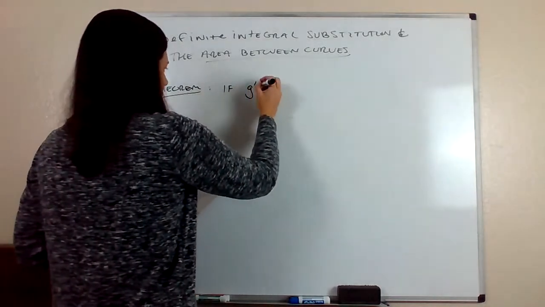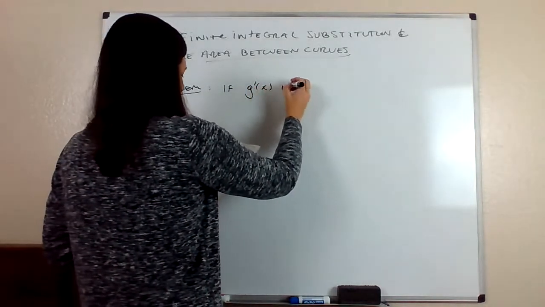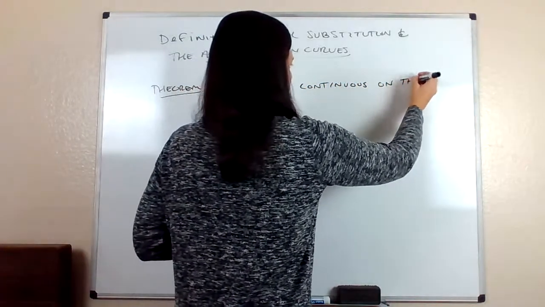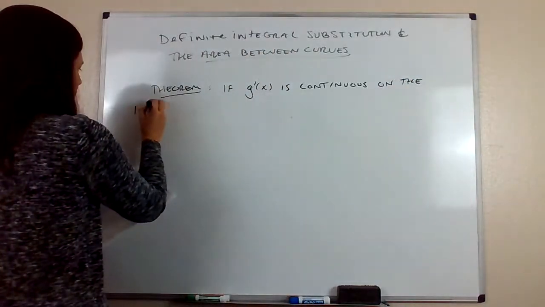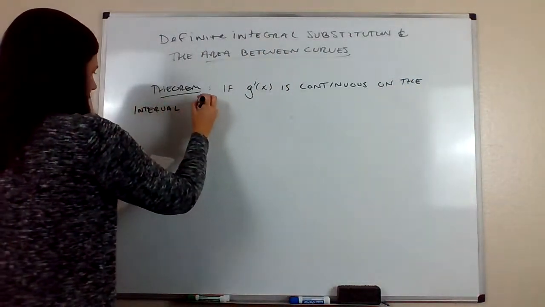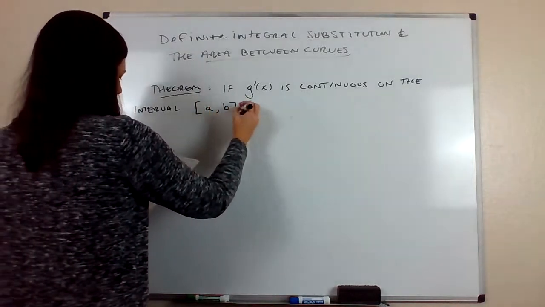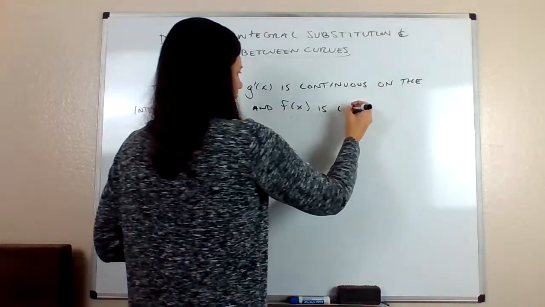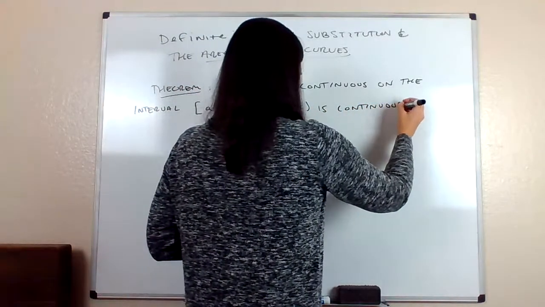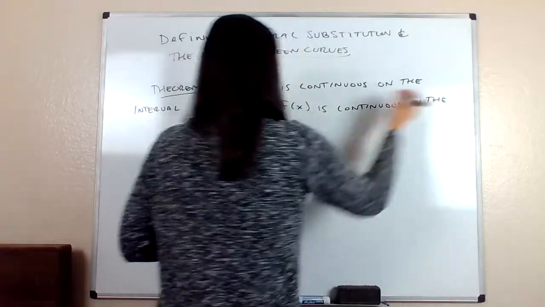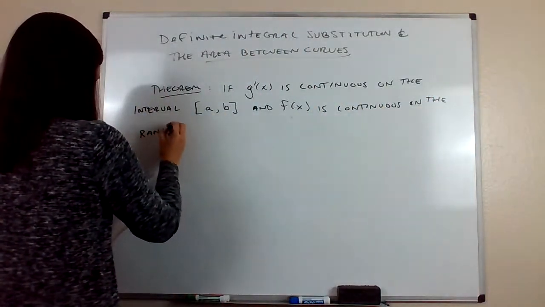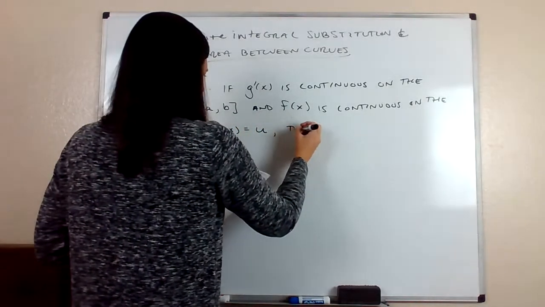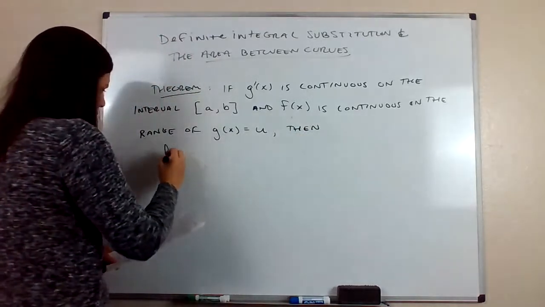If g prime of x is continuous on the interval from a to b, and f of x is continuous on the range of g, which I'm going to say is equal to u, then the following is true.